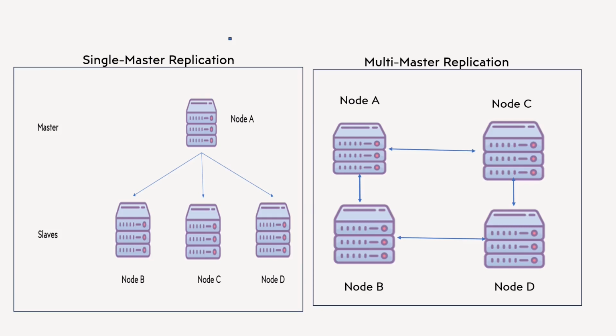So, we can see that in a single master application, we have one node which acts as a master, and all the writes go through that only. It is also responsible for propagating changes to other nodes, right? Single master is very easy to implement, and it is highly consistent if we use the synchronous mode.